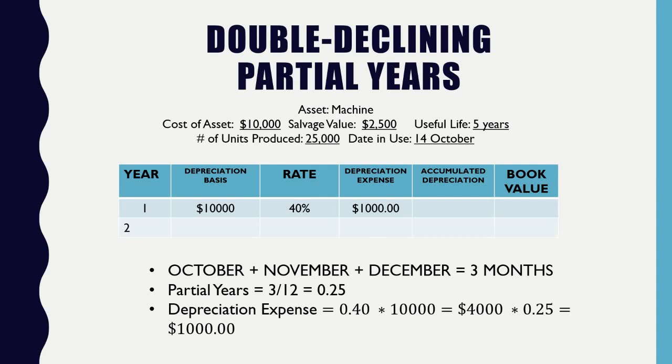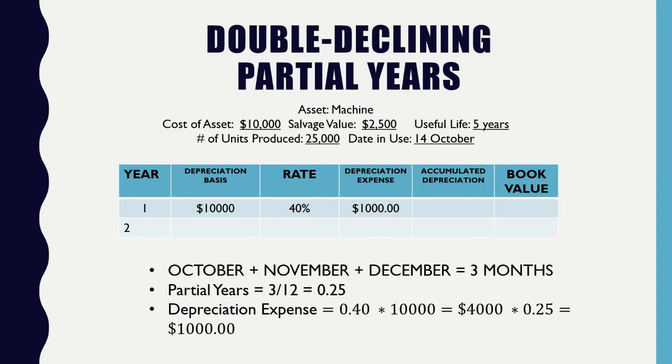3 out of 12 is also equivalent to a quarter of the year, right? If it's a quarter of the year, then go ahead and do your math. What's 4,000 divided by 4? It's going to give you $1,000, okay? And there you go. You're able to solve that yourself. Another way that you can also solve it is to divide the whole thing.